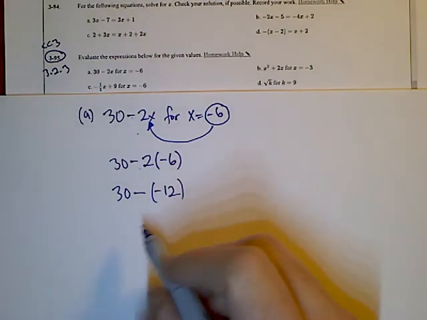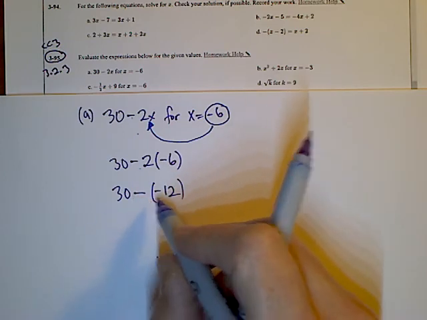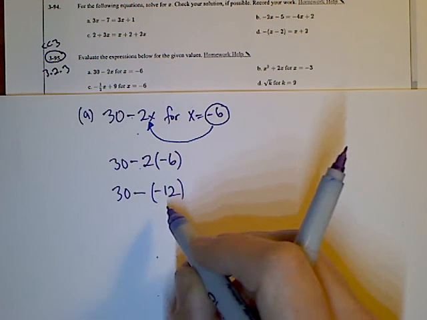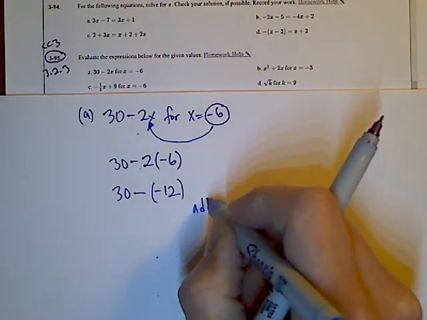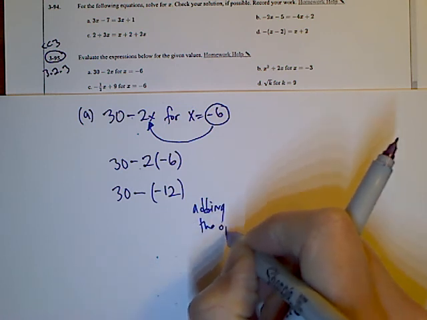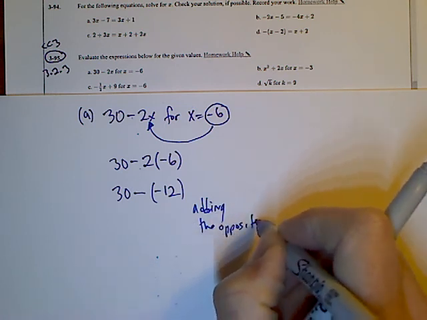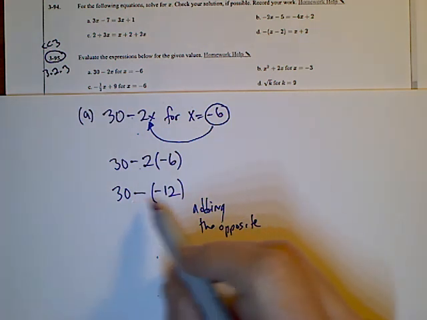Remember our subtraction rule. When you are subtracting integers, especially when you have a positive negative, the best thing to do is look at changing this to adding the opposite, right? So that is our major rule when it comes to subtracting integers.